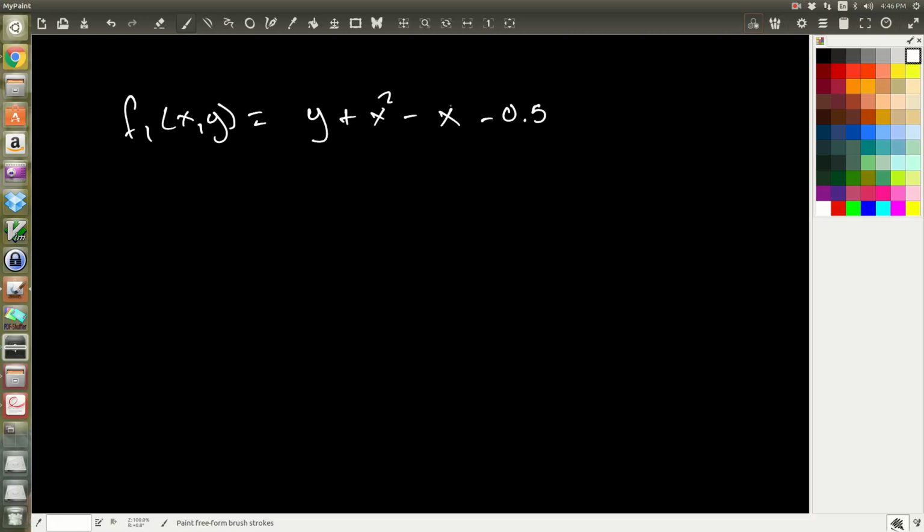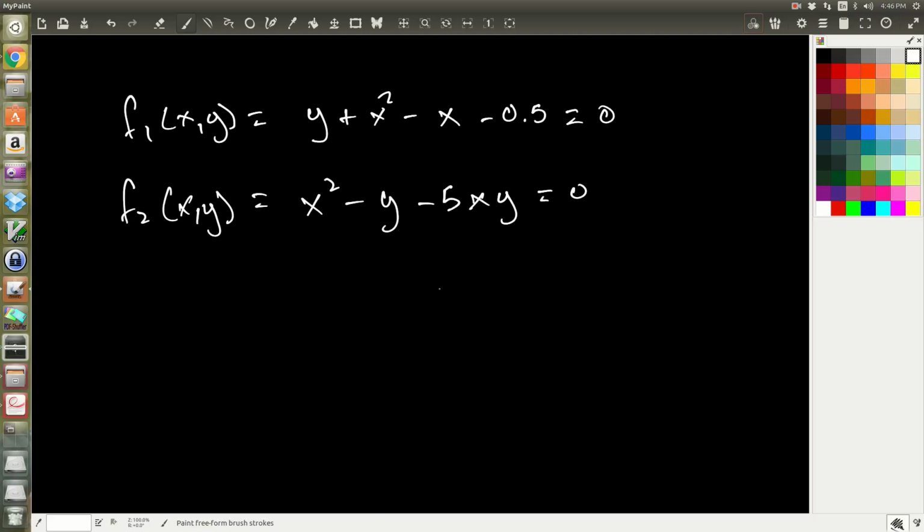So remember, I moved the x over to the right hand side, so all of this is equal to 0. And then f2 of x, y was equal to x squared minus y minus 5xy. That was equal to 0 as well.